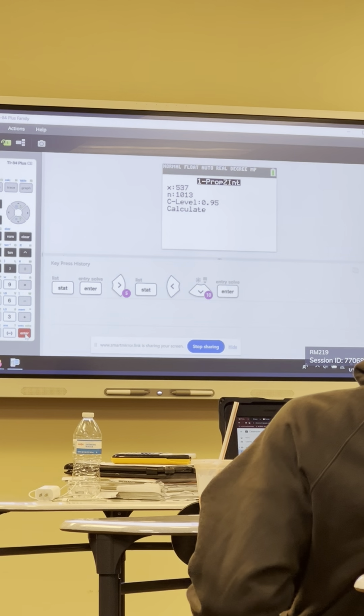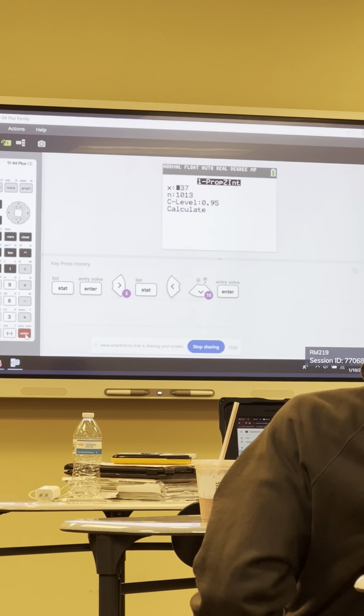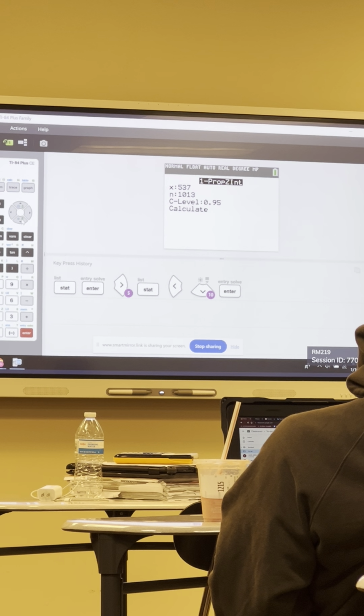C level is the confidence level, write it down. You can choose only 3, okay? 90%, 95%, 99%, depending on the problem. Most of the time we are using 95%. And this is the number, okay? So write it down. Let me explain what this means.